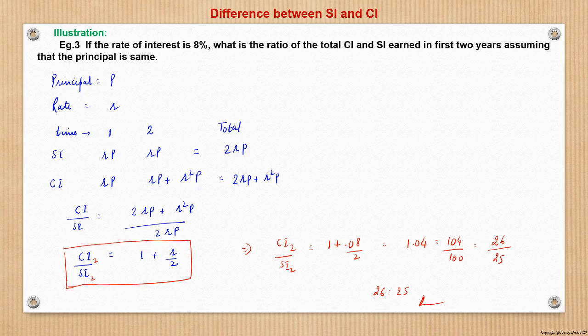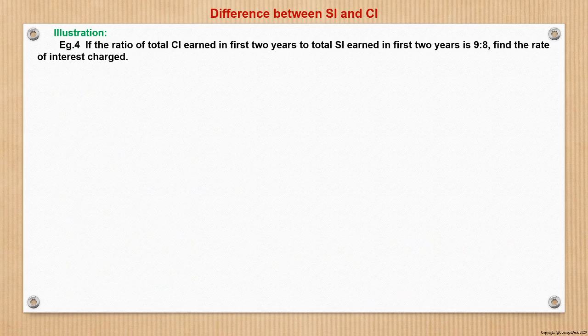So now we will move to the next question. Here it says that the ratio of total CI earned in the first 2 years to the total SI earned in the first 2 years is 9 is to 8. So we know now that CI in 2 years upon SI in 2 years, this is not during the 2nd year, this is total in 2 years, is given by 1 plus R by 2, which is given to us as 9 by 8.